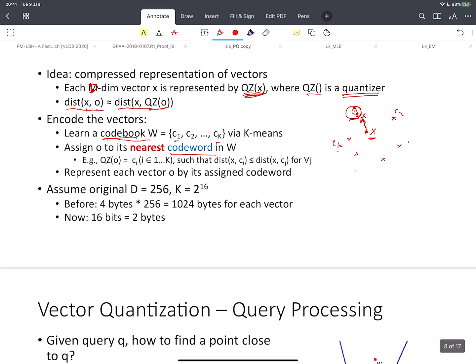You only need to represent its index, right, or its ID. So if you have k code words, you only need log k bits to do the job. So basically, that's going to be very space efficient because essentially the code words are stored only once, and you can refer to them by using the indexes. Okay.